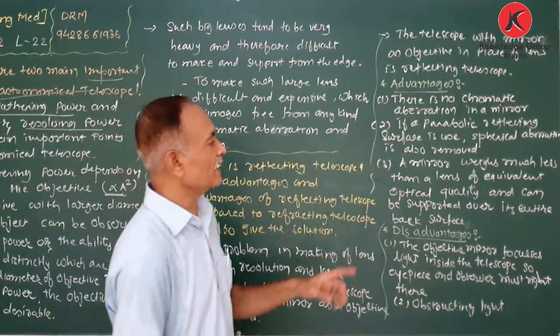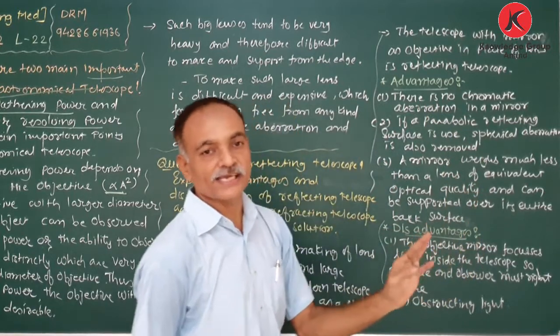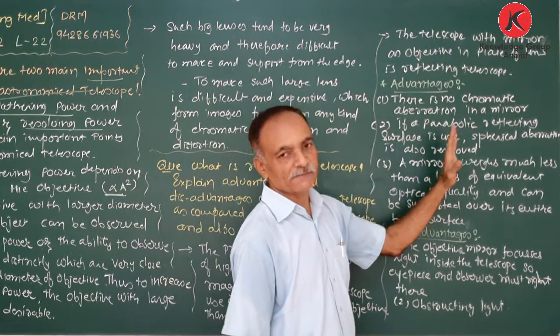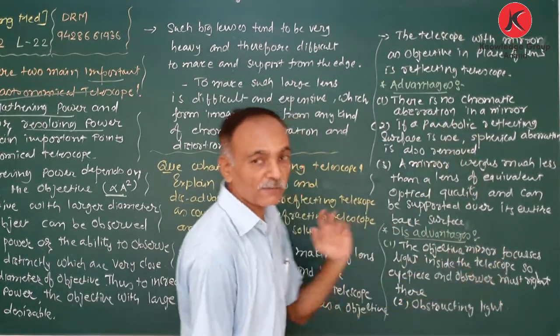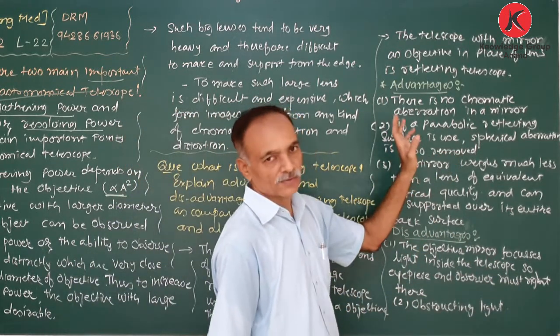Instead of the lens, as we are using the mirror, the chromatic aberration is already removed. Now, instead of a plane reflecting surface, we are using a parabolic reflecting surface like a concave mirror, so spherical aberration is also removed.